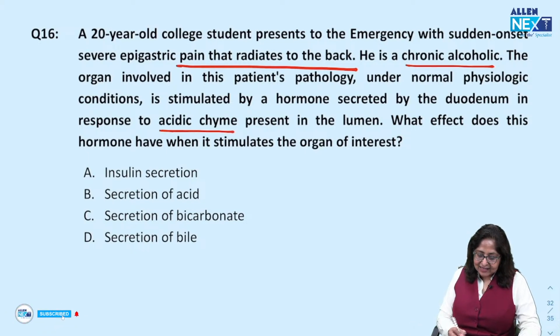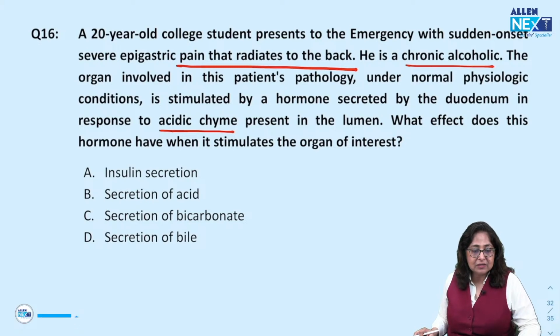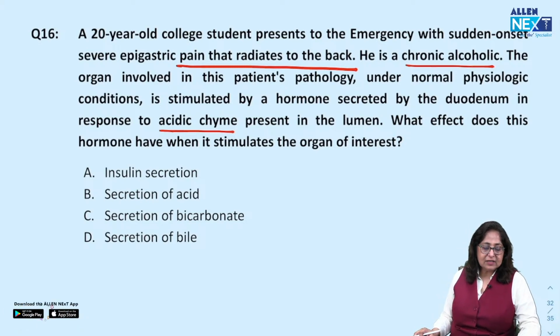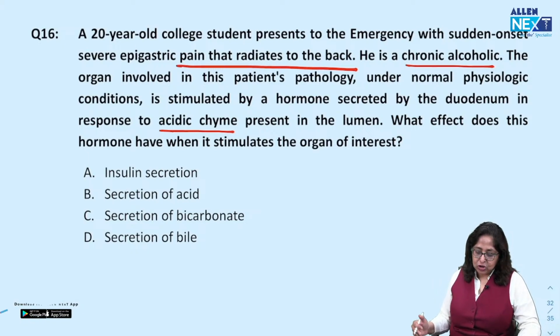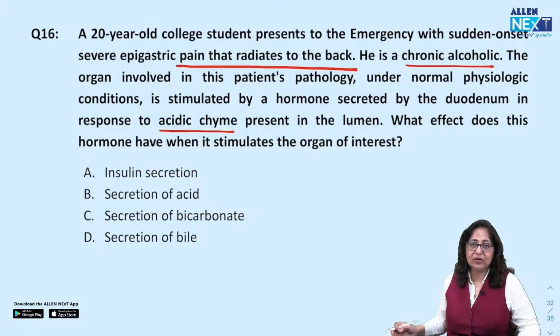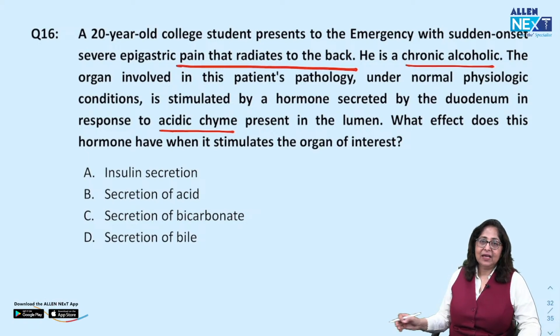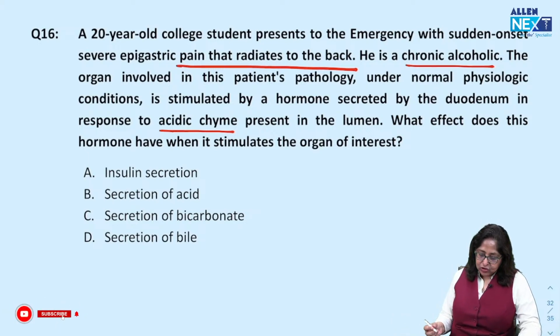So whenever there is acidic chyme present in the duodenum, it will cause the secretion of a hormone which will cause the secretion of alkaline rich pancreatic juice, right? Alkaline rich pancreatic juice, and that is going to be secretin.